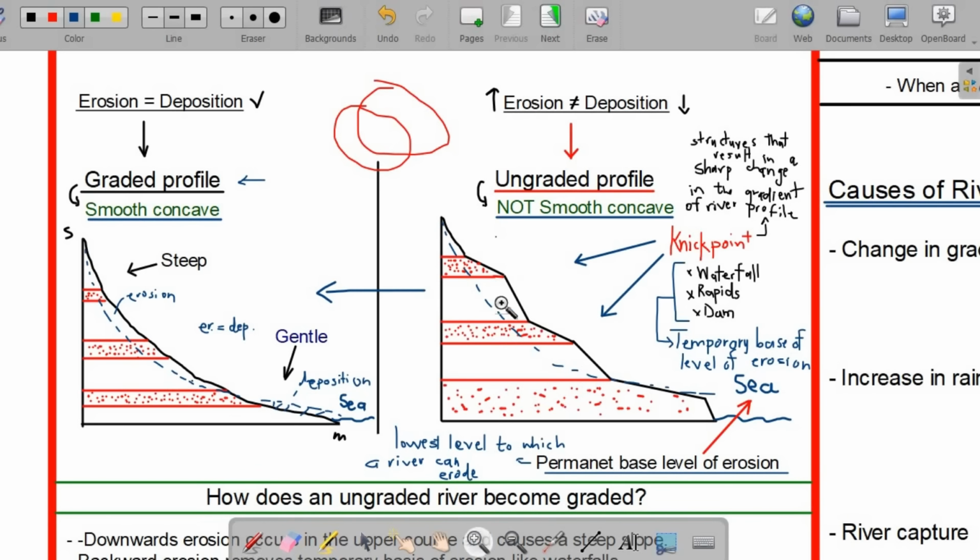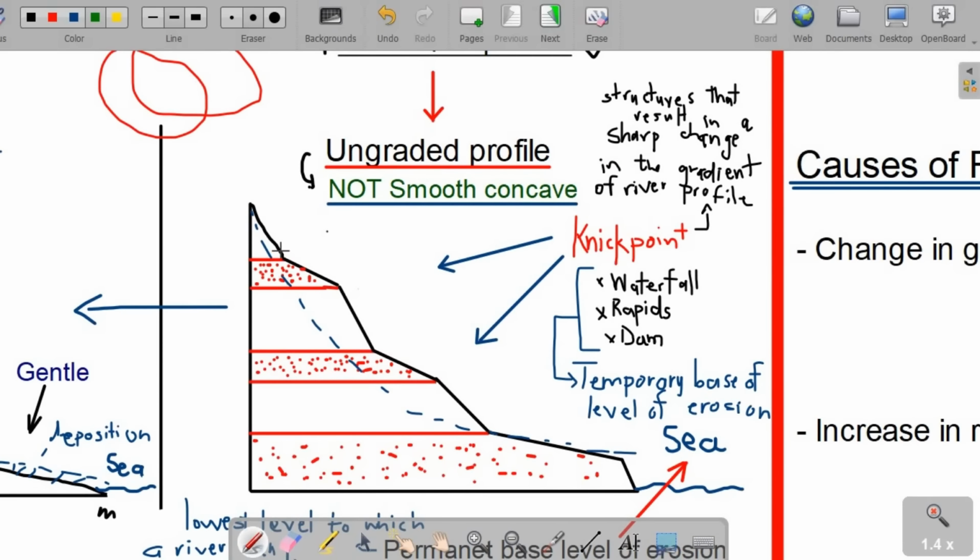The only thing we need to do here is remove material, let's say we remove all of this material, and deposit it. So it's going to be deposited somewhere like that, and then we remove it like that, such that it gives us that smooth concave profile.